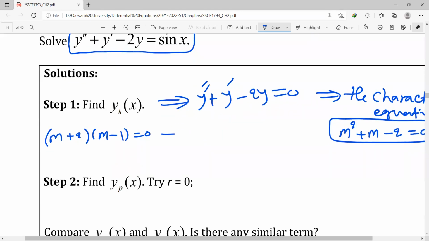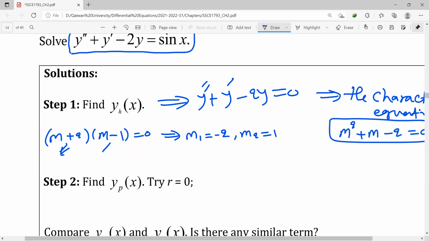We get two different values for m: m1 equals -2 and m2 equals 1. From this bracket, if it equals 0, we get that m is 1, and from this bracket, m is -2.